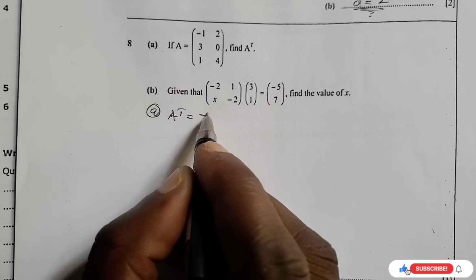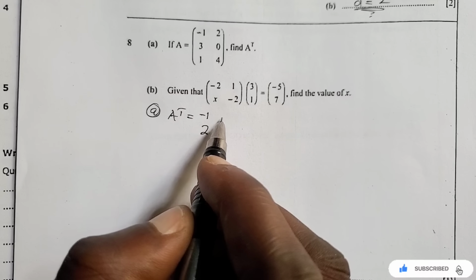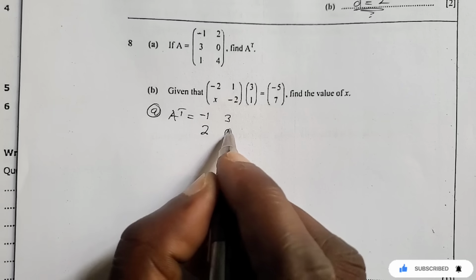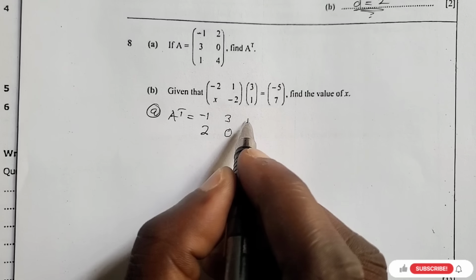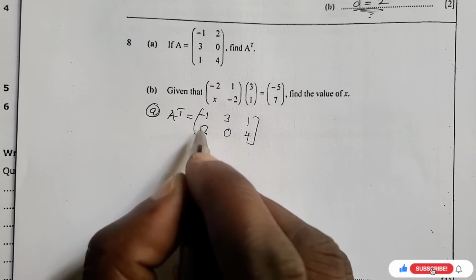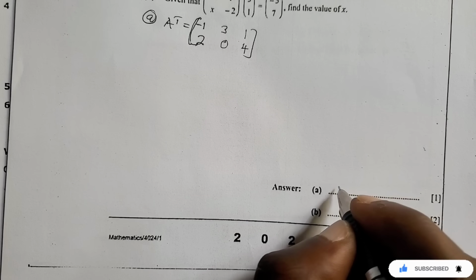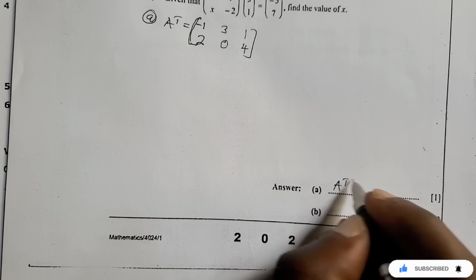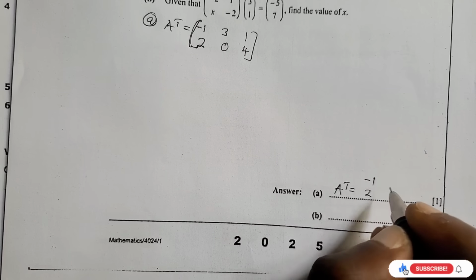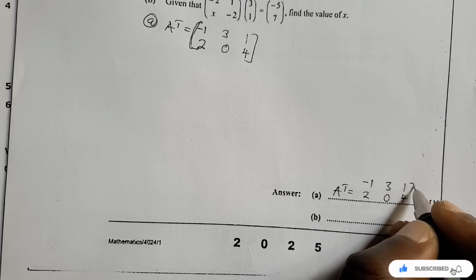So you have -1, 2. Then this becomes the second column, starting with what is on the left. So it will be 3, 0. Then this will be 1, 4. And this is the answer. Okay, the answer. So just come and write it here as A transpose is equals to -1, 2, 3, 0, 1, 4.